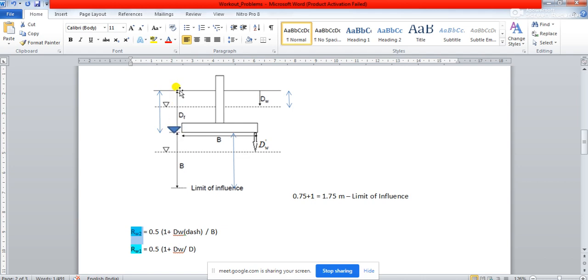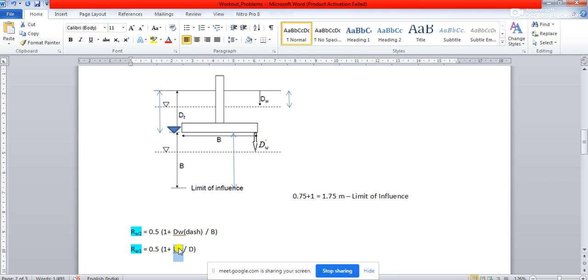Now when this water table has reached the base of the footing, you also notice the dw value is going to be equal to df. So if I consider Rw1, then dw is going to be equal to df.